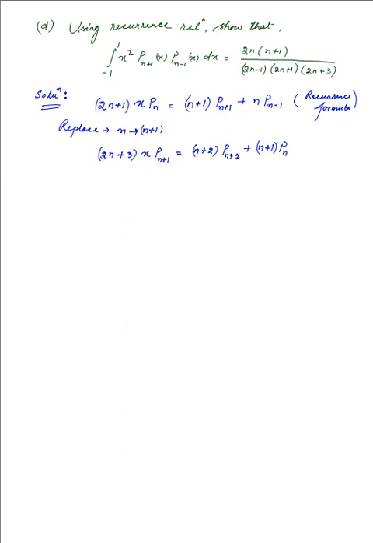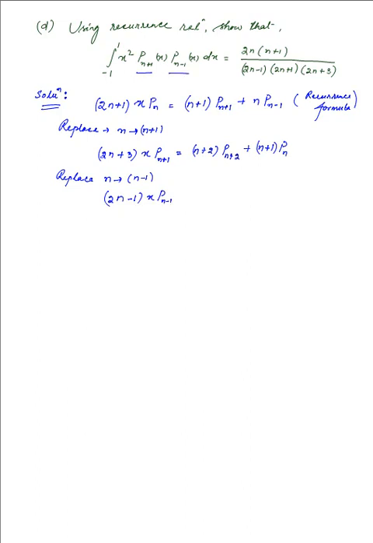Now we are going to replace n by n minus 1 in that same recurrence relation. What that gives us is 2n minus 2 plus 1 is 2n minus 1, x Pn minus 1, because you must remember that here we have Pn plus 1 and Pn minus 1, so that's important to us.